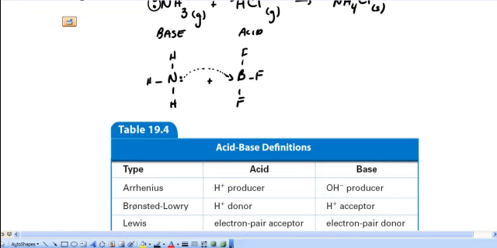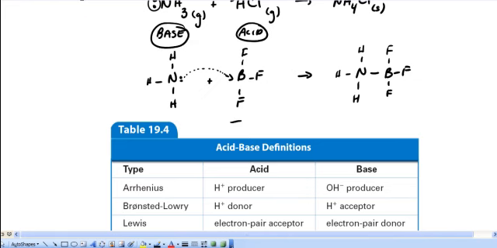Not that that's critical to understand at this point, but what you end up with is a molecule that looks like this. Because this did the donating, it is still the base. Because this molecule did the accepting, we still call that an acid.